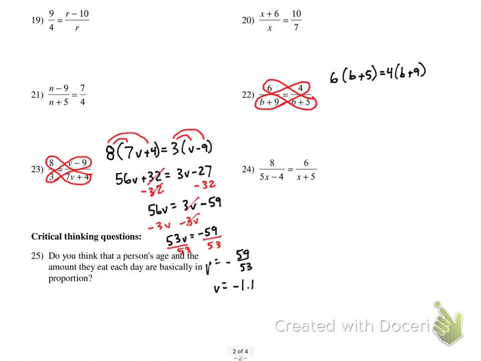Before we can do any moving numbers left and right, we got to distribute these numbers first. 6b plus what? Plus 30 equals 4b plus 36.